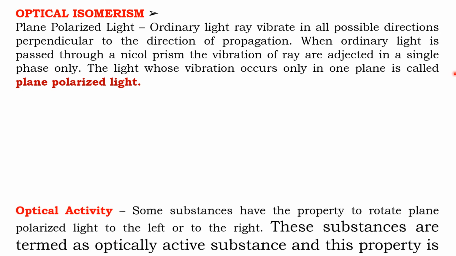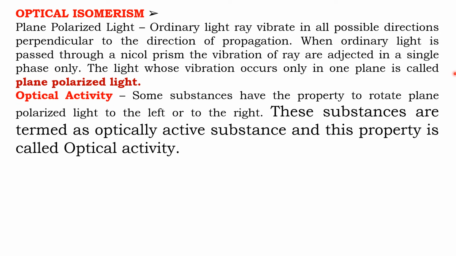Now we have to see what optical activity is. Some substances have the ability to rotate the plane polarized light either towards the left direction or towards the right direction. This property is called optical activity, and such substances are called optically active substances.